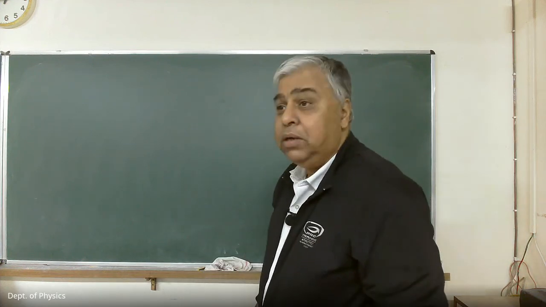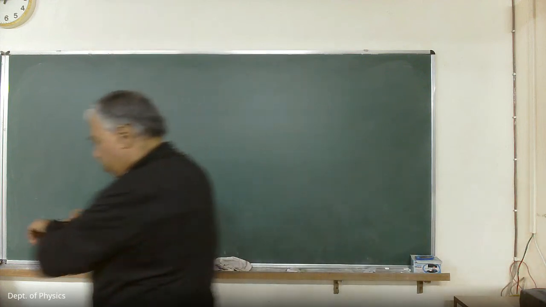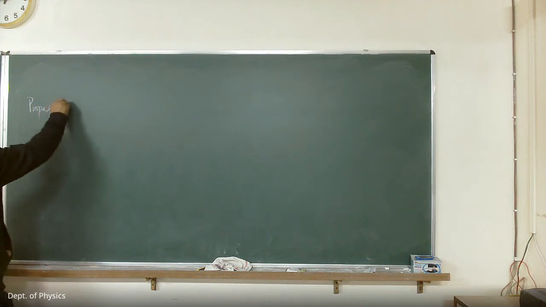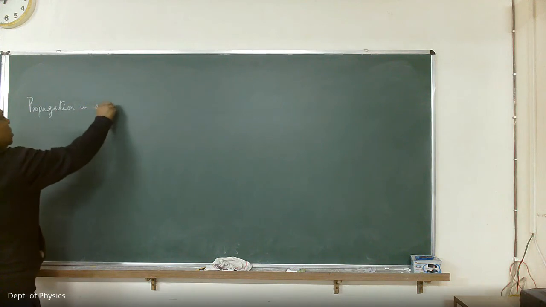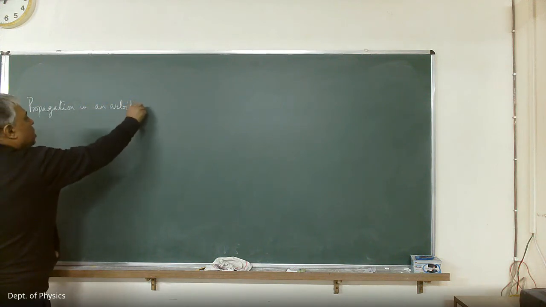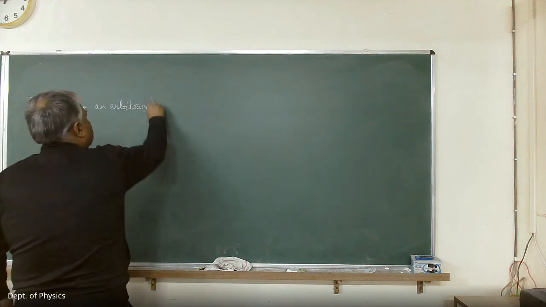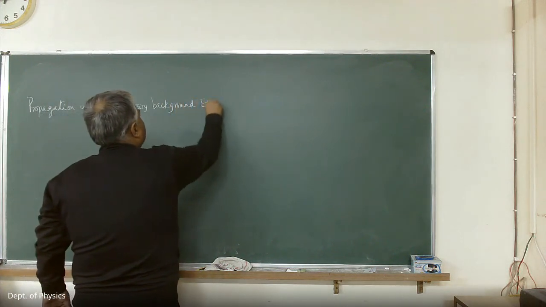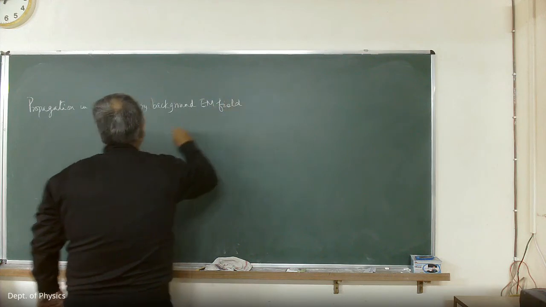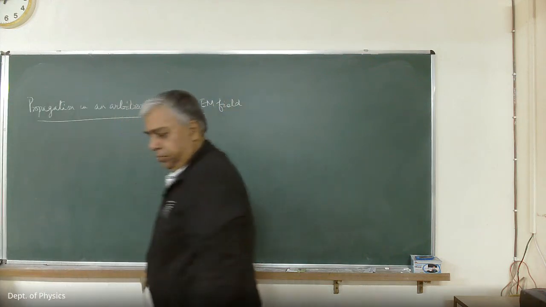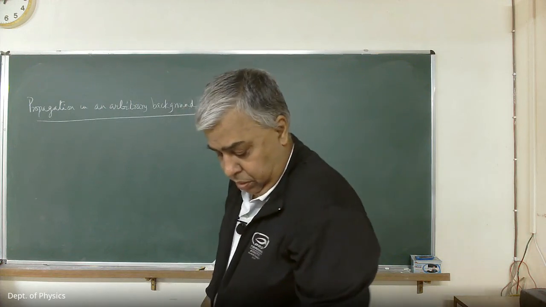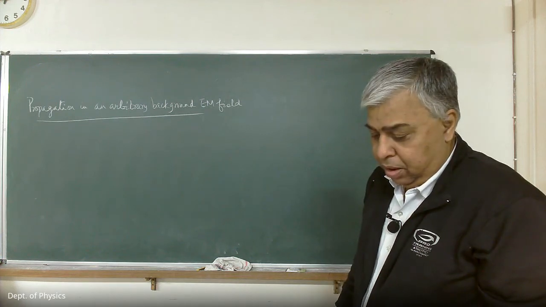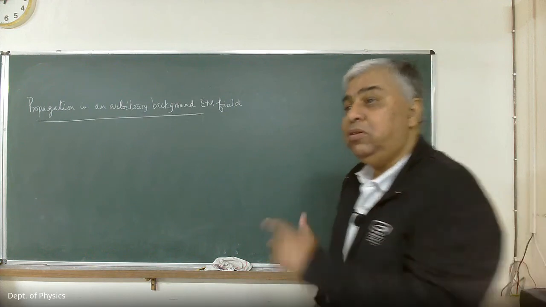নাও এখন আমি আসি প্রপাগেশন ইন আরবিট্রারি ইলেকট্রোম্যাগনেটিক ফিল্ড ব্যাকগ্রাউন্ড। আরবিট্রারি ব্যাকগ্রাউন্ড যদি থাকে তাহলে my Dirac equation will change, right?